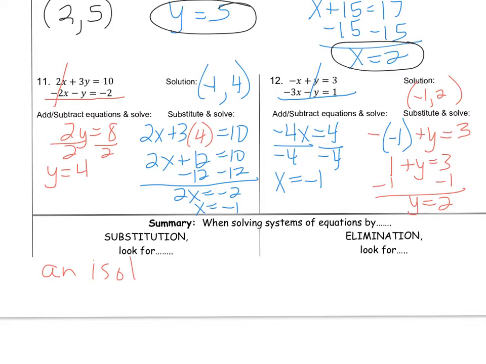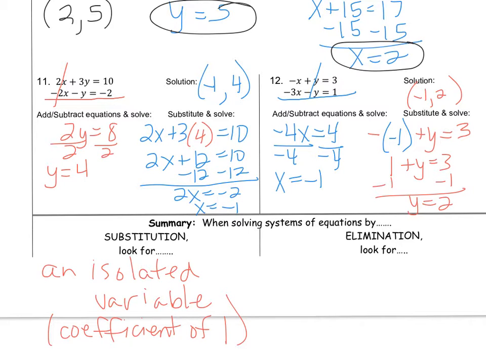So when we have something y equals or x equals already ready to go. And when I say an isolated variable, even better is a coefficient of 1. Meaning there's not even anything to divide. You either have x equals 3y plus 4 or y equals 2x plus 5, something where the x or the y are all by themselves.